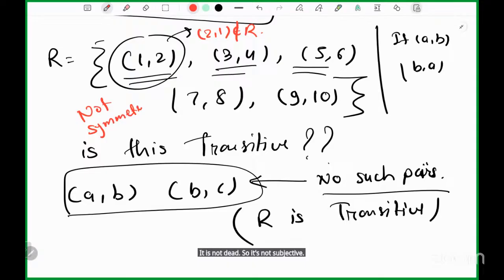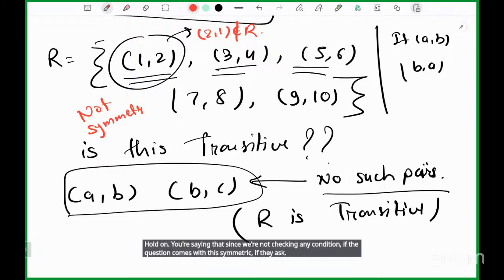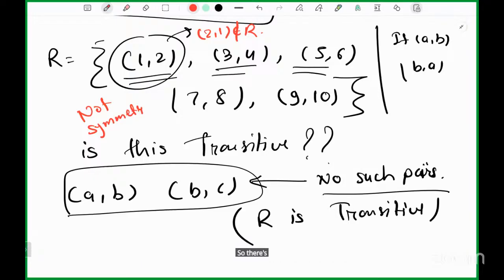No, no. You're saying that since we are not checking any condition, if the question comes, is this symmetric? No. For symmetricity, the condition is only one pair.